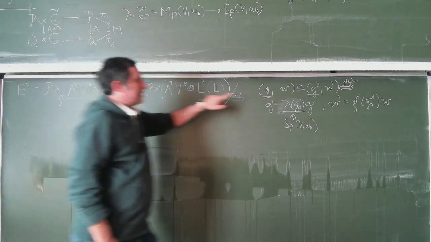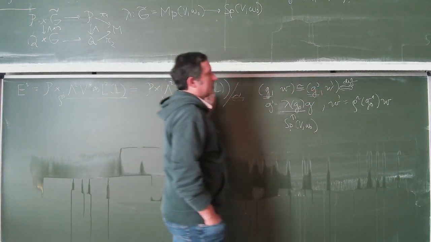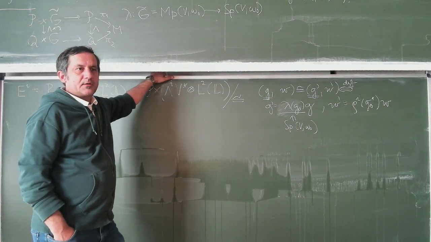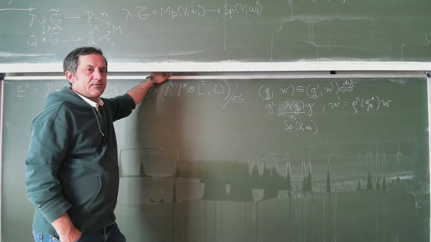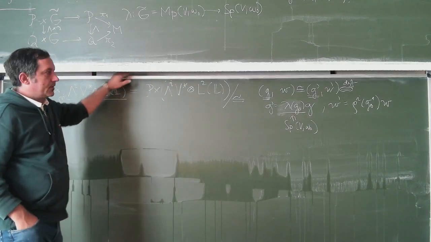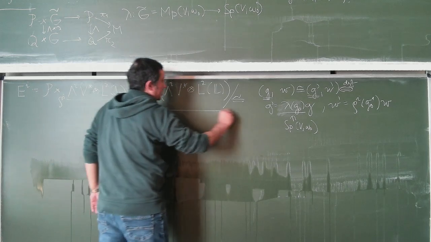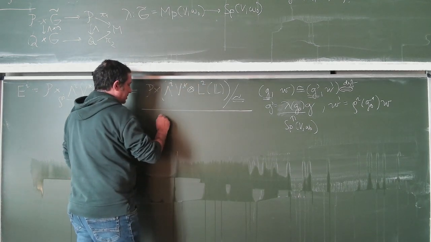And the vector parts, these W's, are related by the representation. So this is the definition of an associated bundle for an induced bundle.